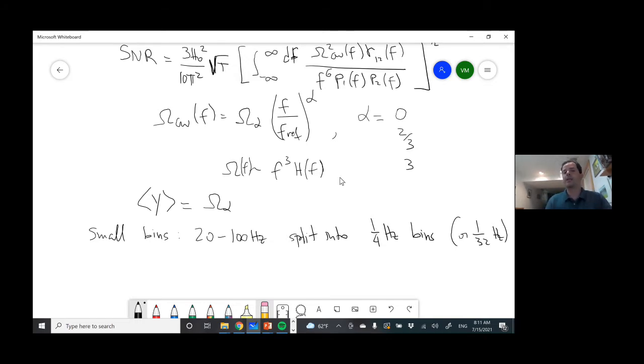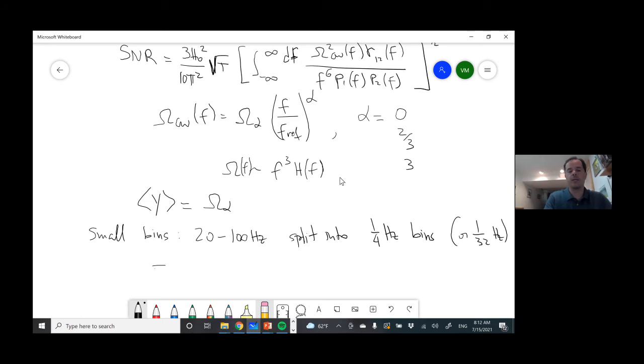The idea being that you can repeat the analysis above in each small frequency bin, and in each bin you can assume omega to be frequency independent, so alpha of 0, and that allows us to estimate the energy density in gravitational waves in each bin independently.